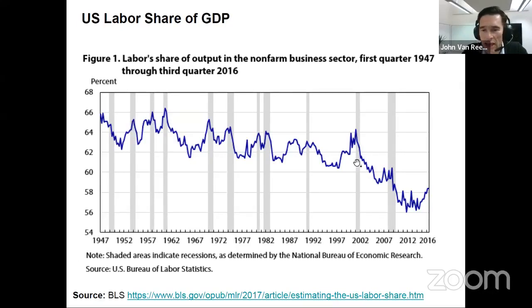You can see that there has been a fall of the share going to labour. If you think about GDP, the economic pie, some of it can go to capital, some will go to labour. The share which is going to labour has fallen a fair bit, from 64% in 1982 down to something like 56% today. So quite a significant fall of the fraction of GDP going to workers.